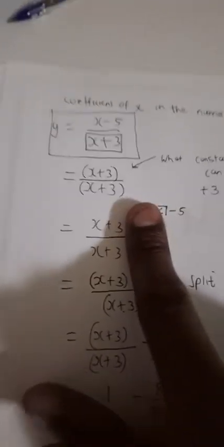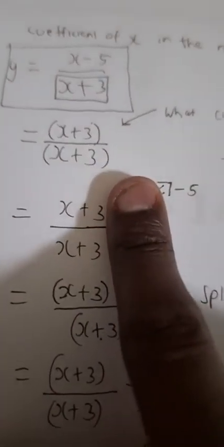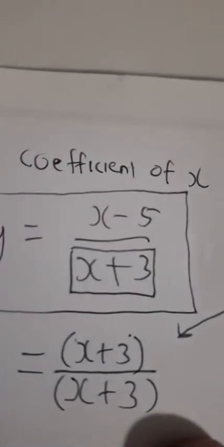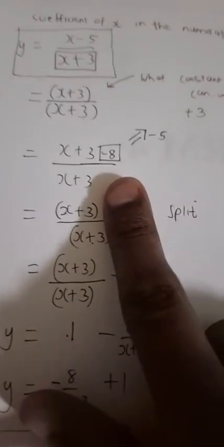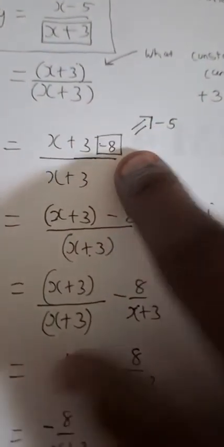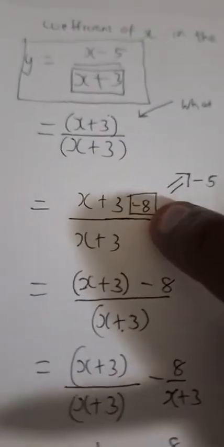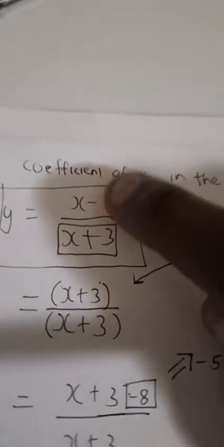What constant term can we add or subtract to positive 3 in the numerator to get back that negative 5 that we had initially? So we know that we can subtract 8. Very important, because 3 minus 8 will give us back the negative 5.